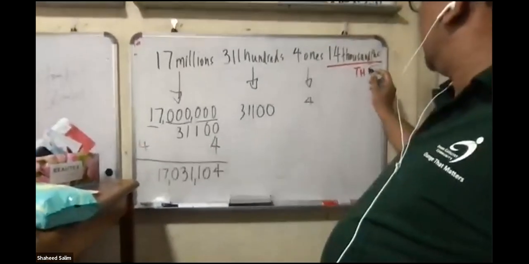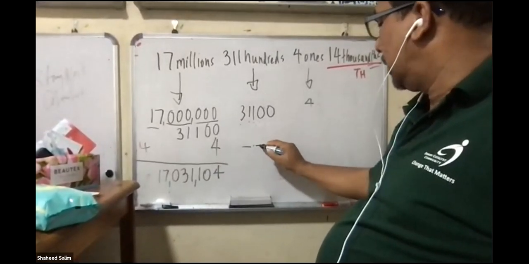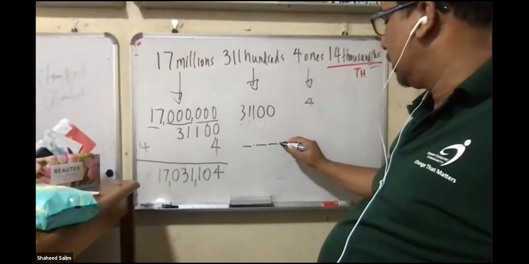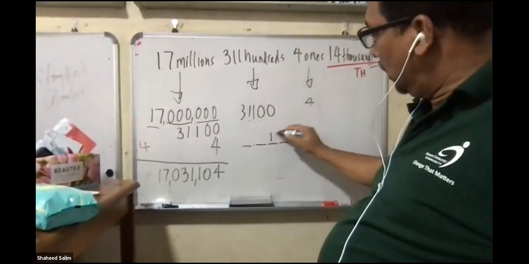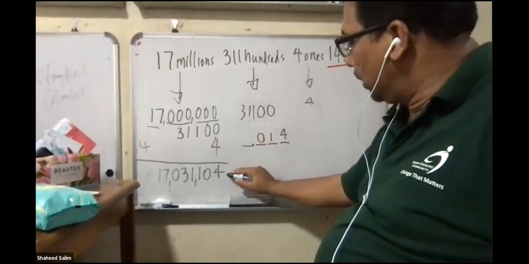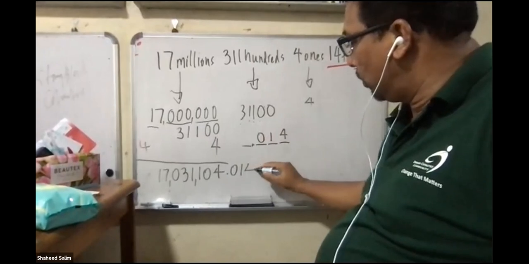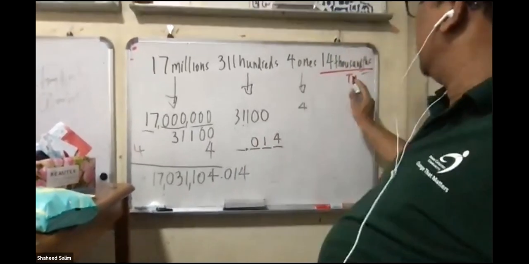Now down here is 14,000. Let us see now. Ones, tens, hundreds, thousands. So write the 14 here, and it becomes 0.014. Okay, notice again, thousands.